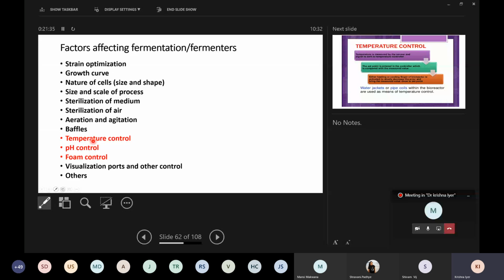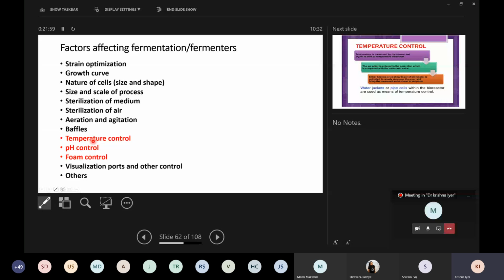The second thing is, if there is a lot of foam, that affects the way your air exchange or exchange of nutrients occurs. Organisms will start coming out of the medium and will be present in the foam. Components of the medium, like suspended nutrients, can also become part of the foam, and it becomes very messy.